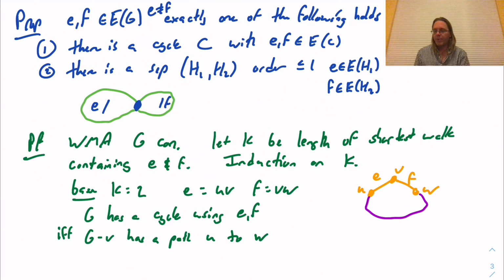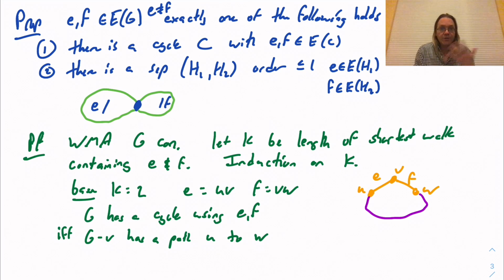So suppose there's no path from U to W in G delete V. Let me keep track of what I need to do. We have a cycle using E and F if and only if G delete V has a path from U to W. So if there's a path from U to W in G delete V, then we've got our cycle using E and F, and we've got the first outcome, and we're done.